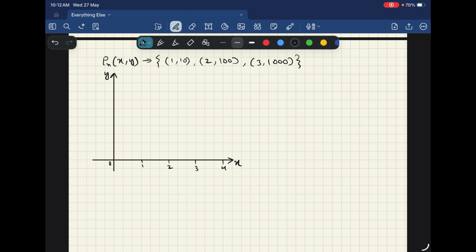Now for y, you can see what the problem is, that I have to plot the 10, the 100 and the 1000, all 3, but I don't have much space here. So still let me try to just plot it. Let's say this is 100, this is 200, this is 300, this is 400, this is 500.